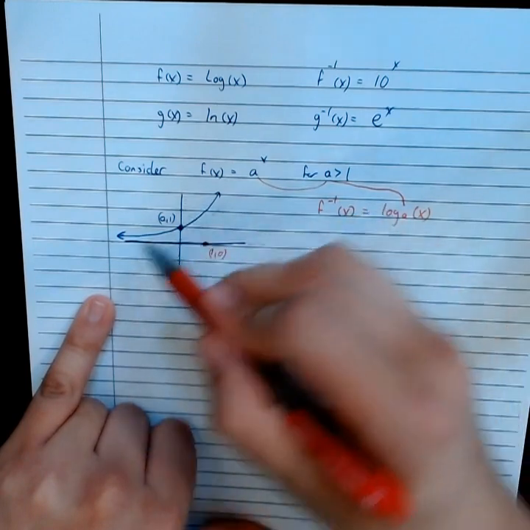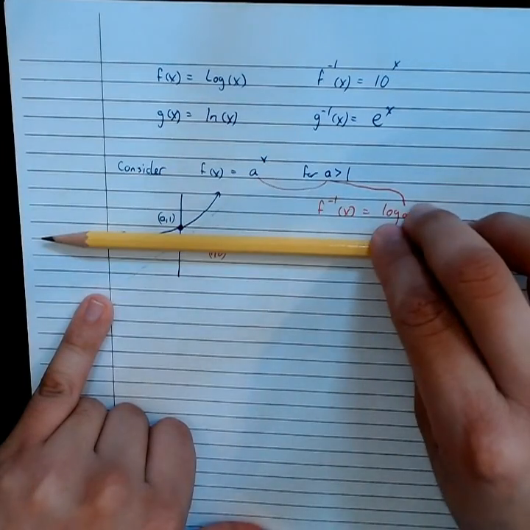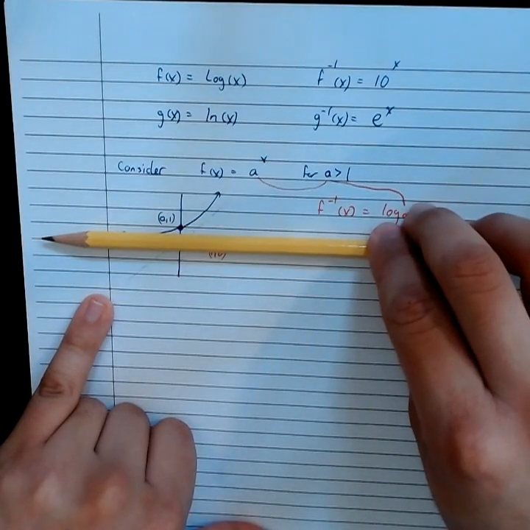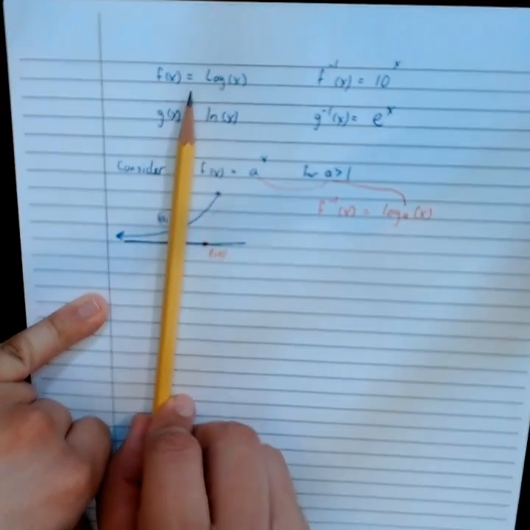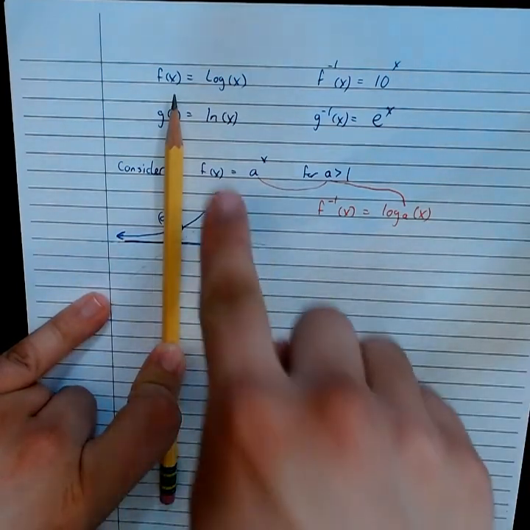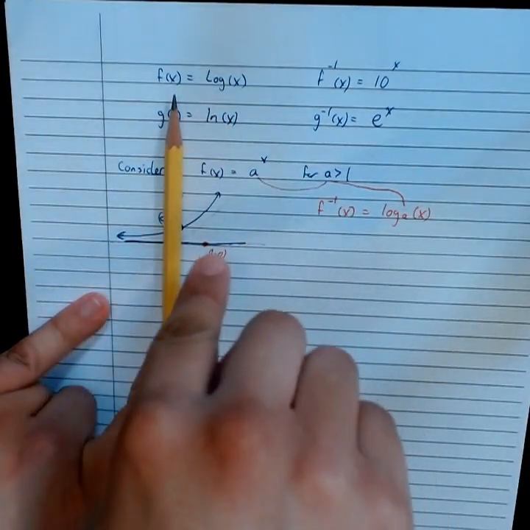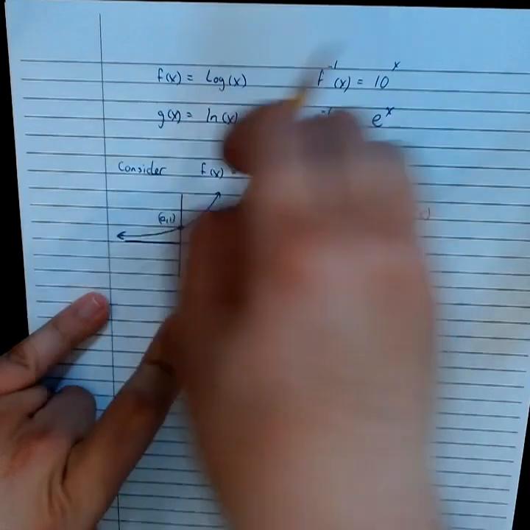And now, the asymptote, which was y equals 0, if we're going to reflect everything, instead of y equals 0, now we have an asymptote x equals 0. Or in other words, instead of having a horizontal asymptote like the exponential function, now our logarithmic function will have a vertical asymptote.